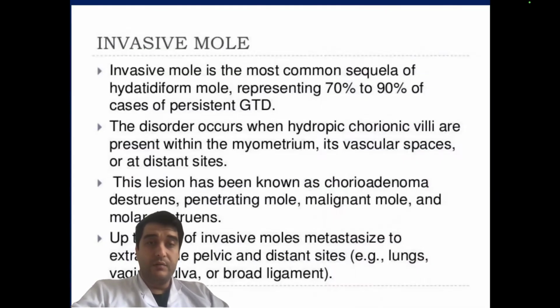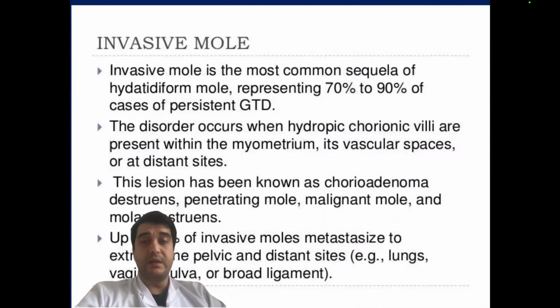Invasive mole is the most common sequela of hydatidiform mole, representing 70 to 90% of cases of persistent GTD. This occurs when hydropic chorionic villi are present within the myometrium, its vascular spaces, or at distant sites.